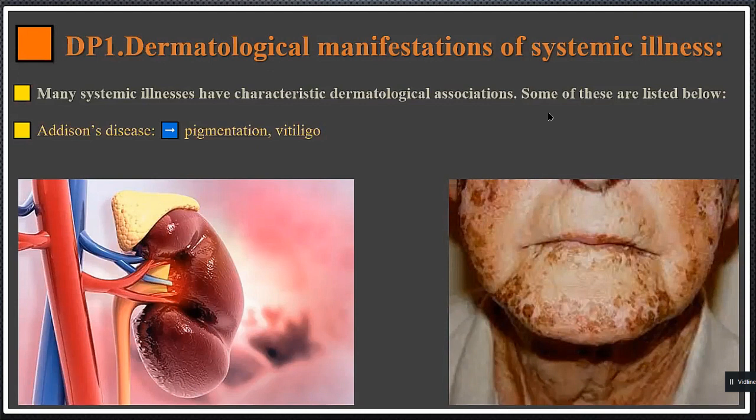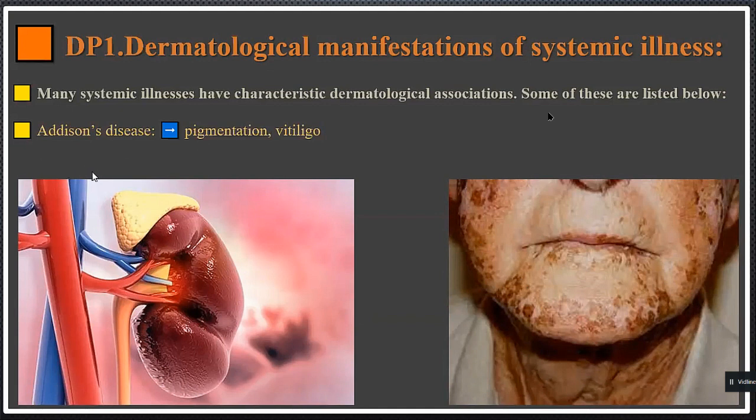So 3 hyper: hyperkalemia, dangerous. Hypercalcemia, dangerous. And also hyperpigmentation, it's not dangerous, but it's diagnostic. And regarding hypo, hyponatremia, dangerous. Hypoglycemia, dangerous. And hypotension, dangerous.